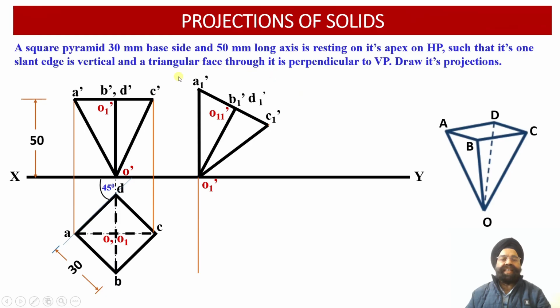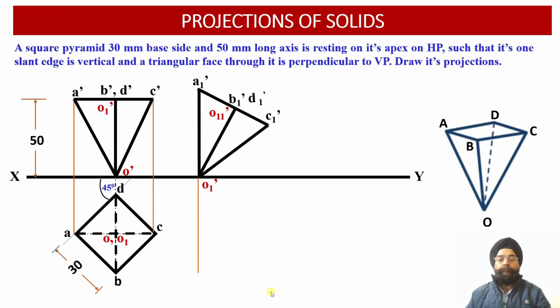Having obtained the front view projections of this inclined inverted square pyramid, how many points are available? 1, 2, 3, 4, 5, 6. So these 6 points in the plan projection view we need to obtain.